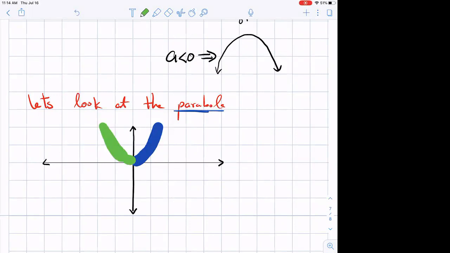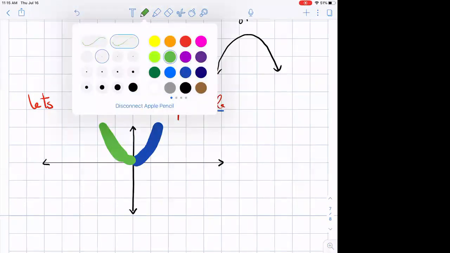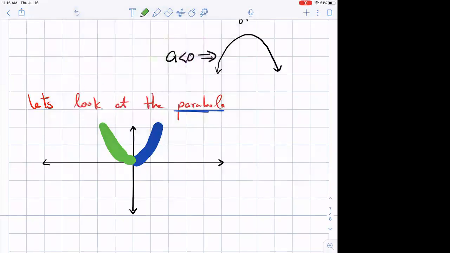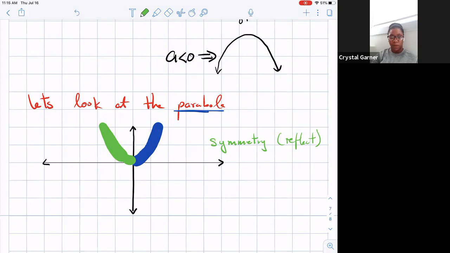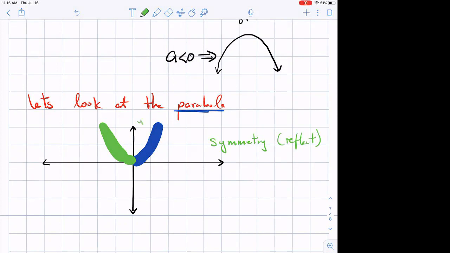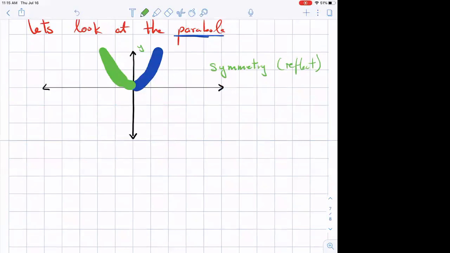And when that happens, we say that a parabola has symmetry. Symmetry means reflection. So which axis does it reflect in? The axis is acting as the mirror, the y-axis. Do you follow? So when we talk about symmetry, we're talking of reflection in an axis or a line.